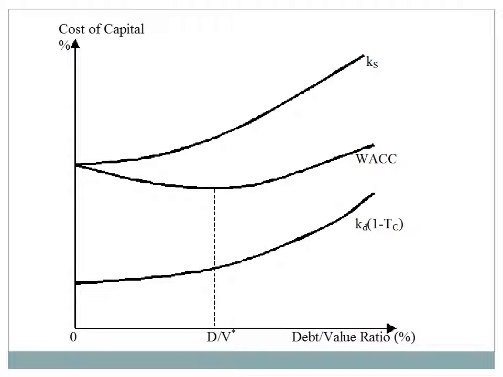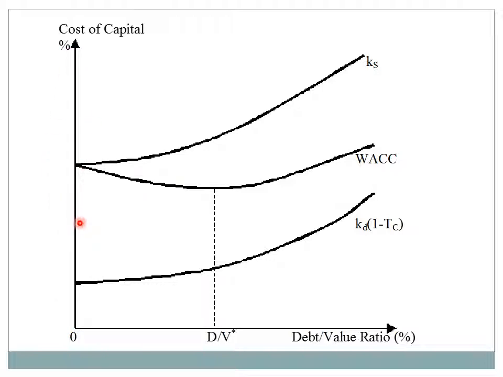Here are the cost curves. On the horizontal axis we have the proportion of debt that the firm is holding, so for example, this point here might represent 30% debt, this might represent 70% debt, okay, and here are your costs on the vertical axis.